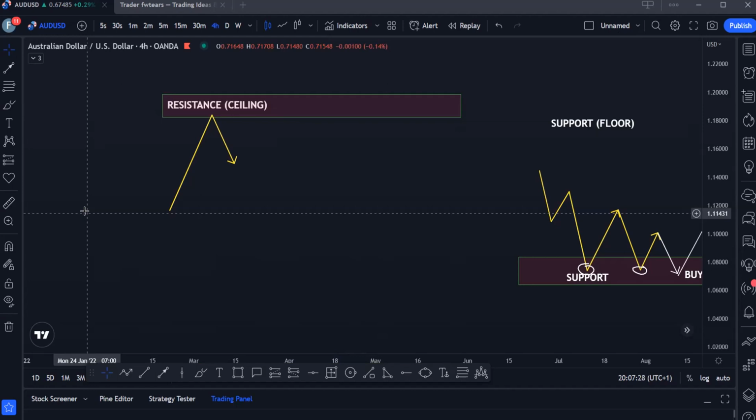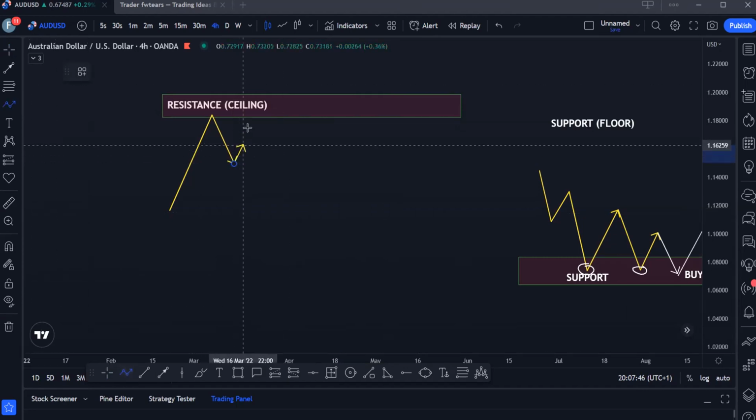Okay, but you also need to validate your resistance to know if you should be selling at a resistance, right? You validate with at least 2 touches of that resistance. So when price goes up like so, and it also bounces off that resistance, that is your validation.